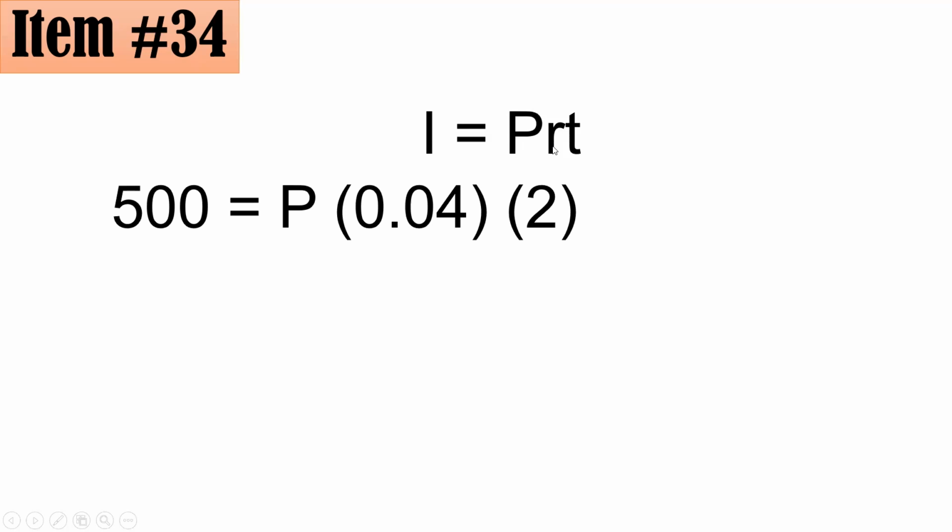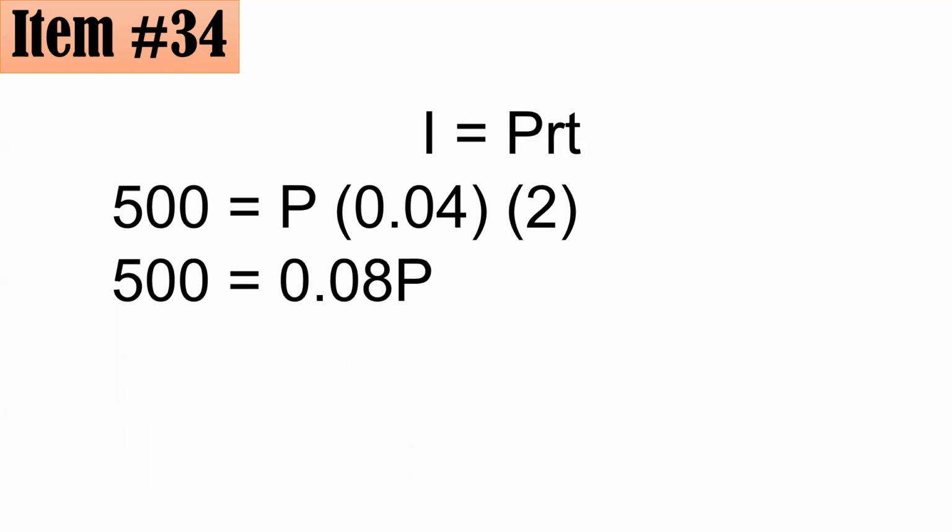Yung interest rate mo ay 4%. You are free to convert it to decimal or percent. No? So in my case, I converted 4% to decimal by dividing it by 100%. And that gives me 0.04. And the time was 2 years. And what happened next was, I multiplied everything on the right-hand side, and it gave me 0.08p.